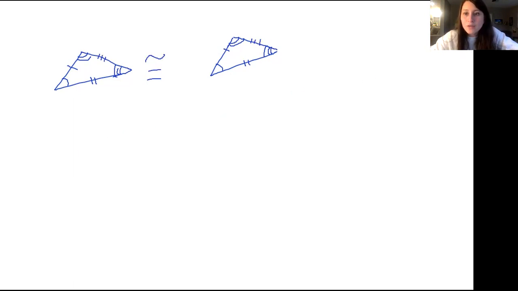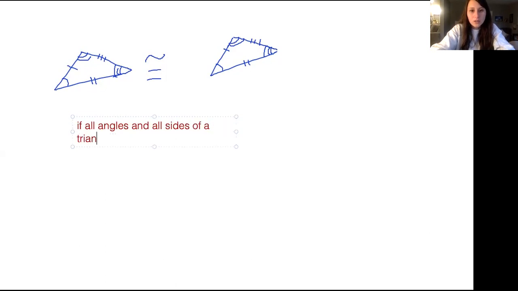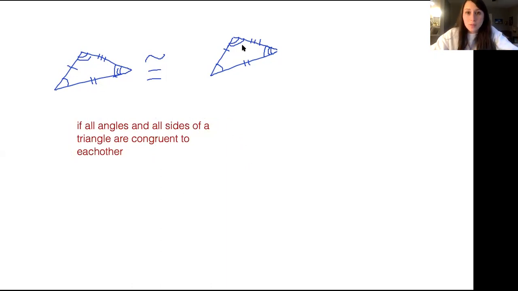We know that if all the sides and all the angles are congruent, then I can say the two triangles are congruent. So I'm going to write this down right here. If all angles and all sides of a triangle are congruent to each other, then I could say, so remember this little thing means then.